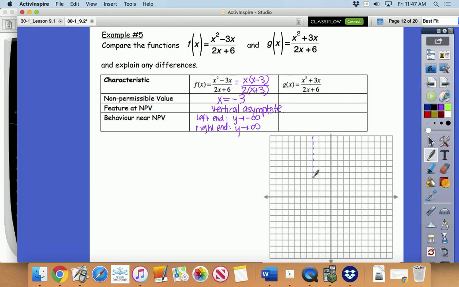1, 2, 3. With the graph, if you were to plug in values of x at the top and at the bottom, you'd get 0, 0. So the x and y-intercepts would be 0. So you are going to get something that looks like this.